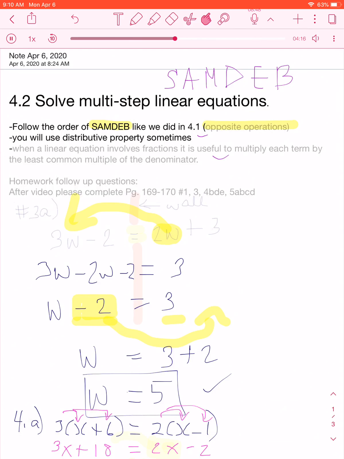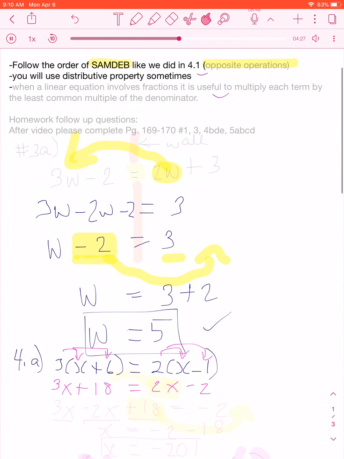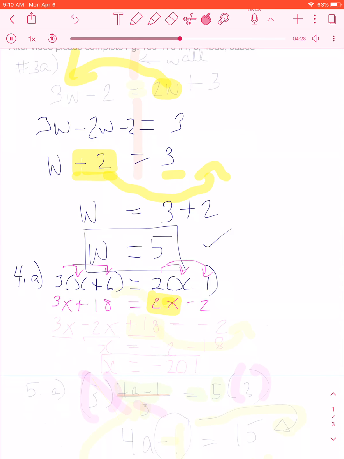At this point, we're going to borrow the steps of what we did above, where we move terms over that equal sign, over that wall. Quite similar to what we did in the last step, I'm going to bring 2x and cross it over to the other side. So what I would have in that step is 3x minus 2x plus 18 is equal to negative 2.